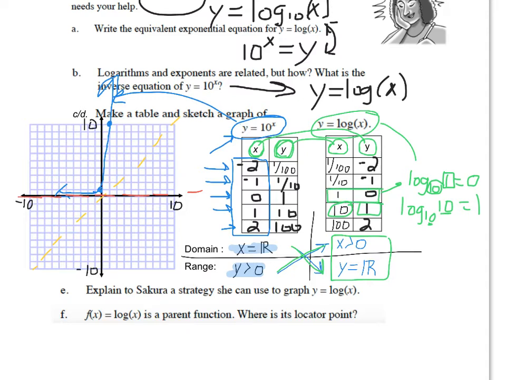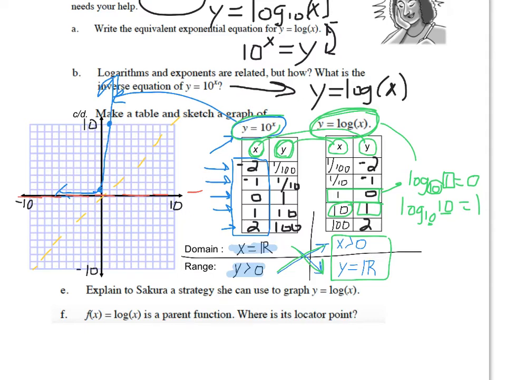So we can go through and try to evaluate for all of our x values to build this table for log of x, or just take your 10 to the x table and flip-flop your x's and y's. So to graph this now, all I'm doing is taking either my graph that I see in blue, or this table that I created by swapping the x's and y's from y equaling 10 to the x.